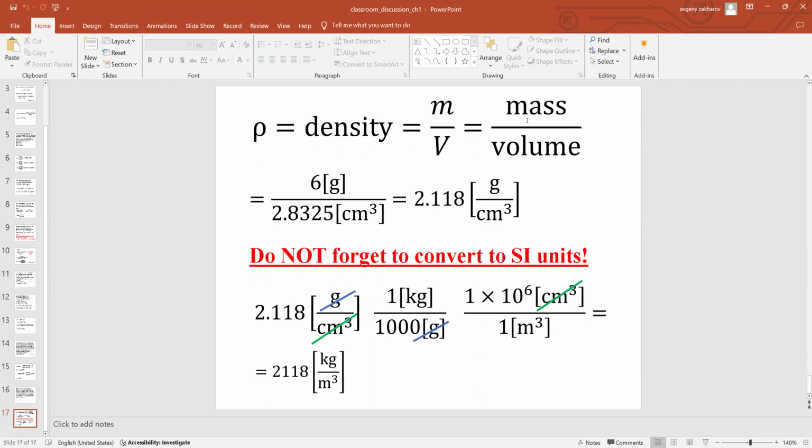So density is mass over volume. But before you use this formula and divide grams by centimeters cubed, well, you can do that, but that's not System International. Not good.